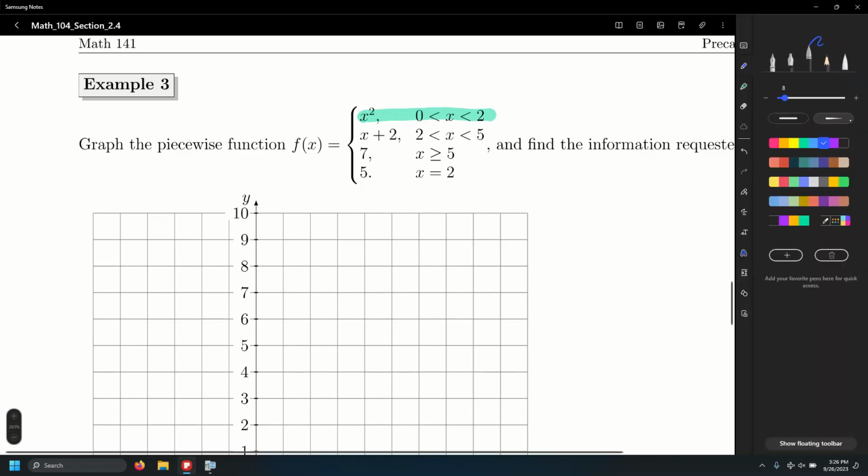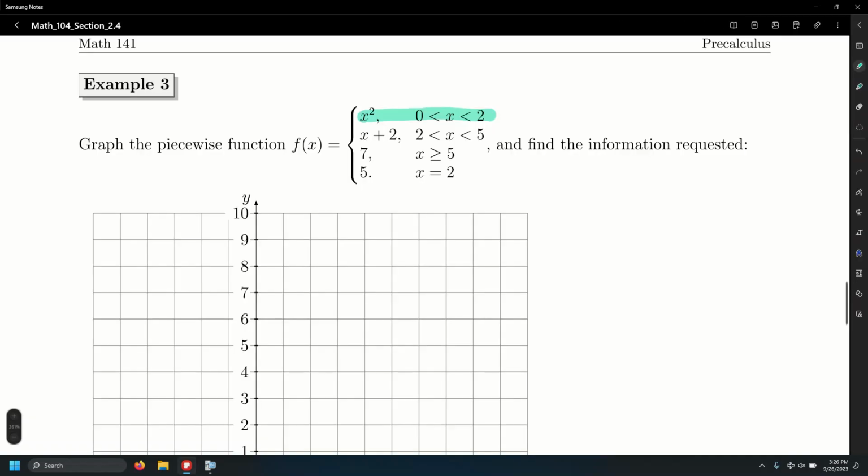All right? Now, let me use one color to highlight that piece right here. And I'm going to use that same color to create the table and get the points. So x, y equals x squared. We're going to do 3 points: 0, 1, and 2. So that's 0 squared, 1 squared, and 2 squared. That equals 0, that equals 1, and that equals 4.